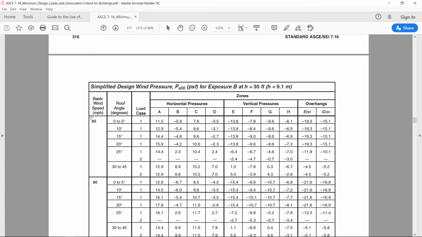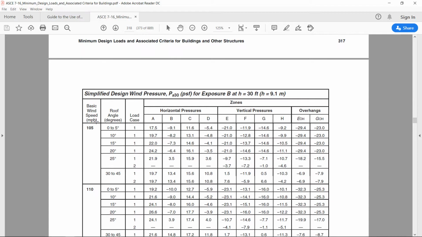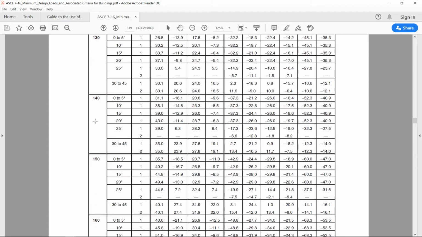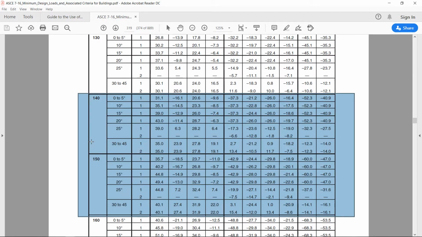So here the wind speed starts from 85 miles per hour, then goes down, and for us, since our wind speed is 144, I took this portion. And for simplicity, instead of 144, I took 145, so that the value will be a mean value or an average value for all these conditions.